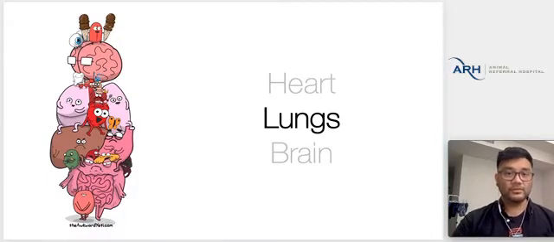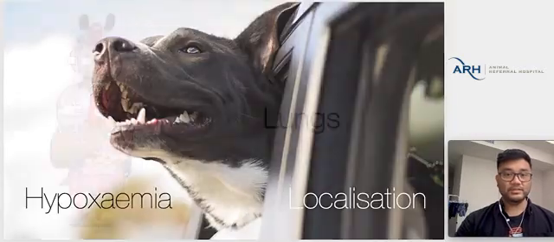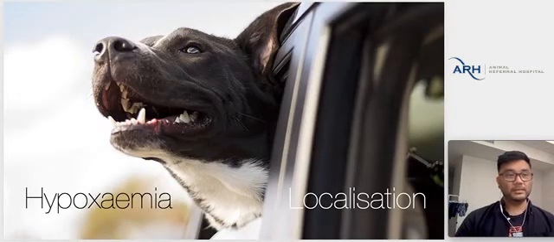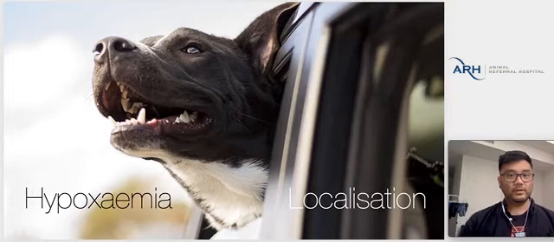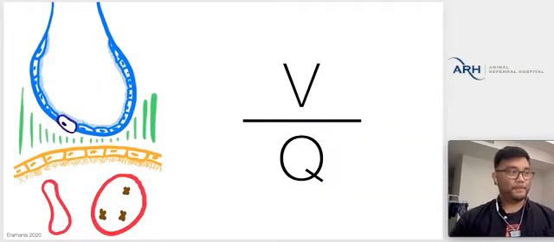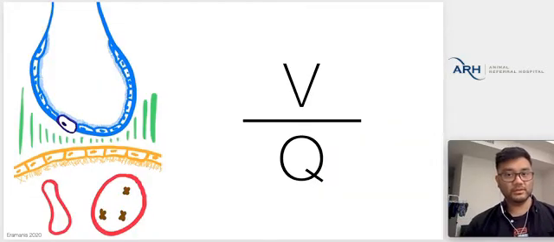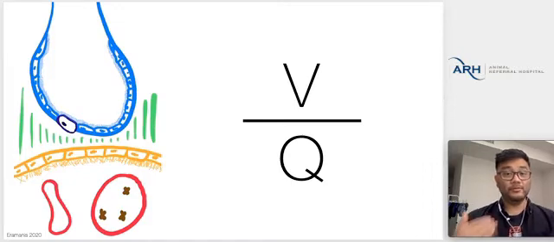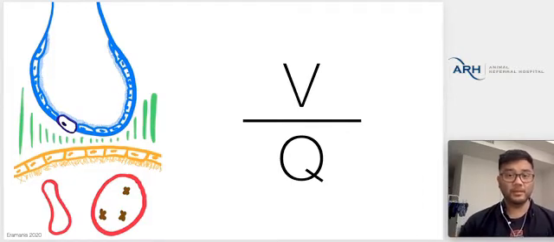So moving on to the respiratory system. We want to assess for hypoxemia, and then some localization within the respiratory tree. So, to maintain normal oxygen in the blood, we need to have normal ventilation, V, and perfusion, Q, to the lungs.